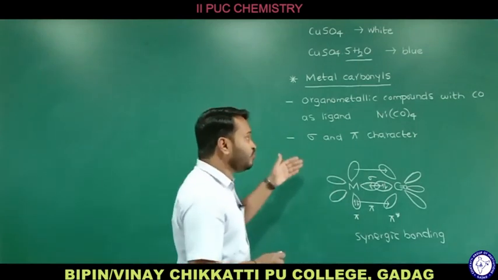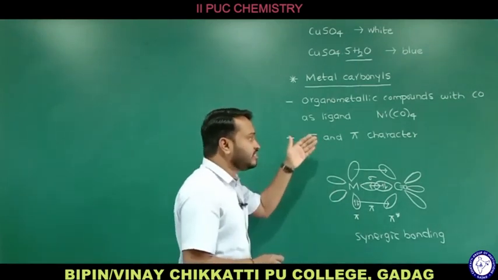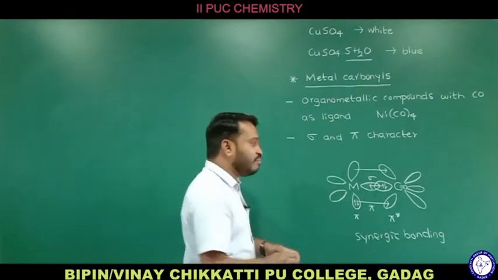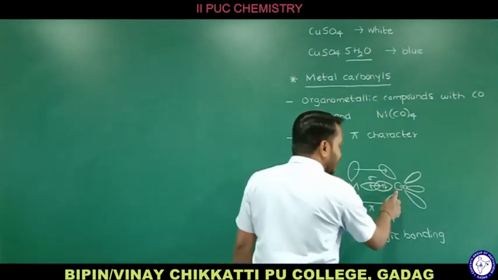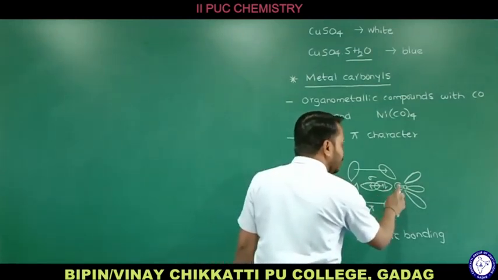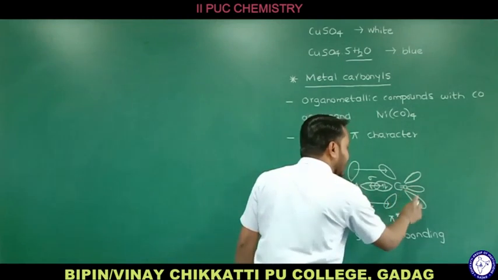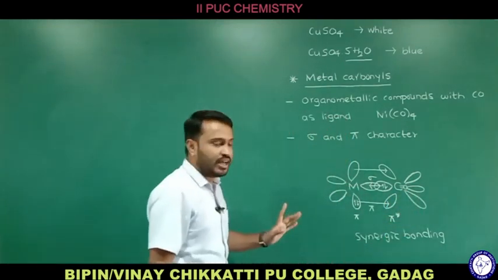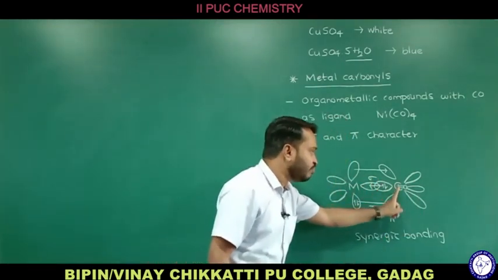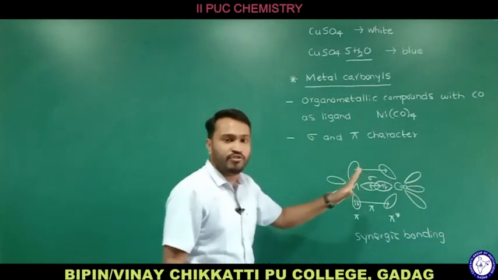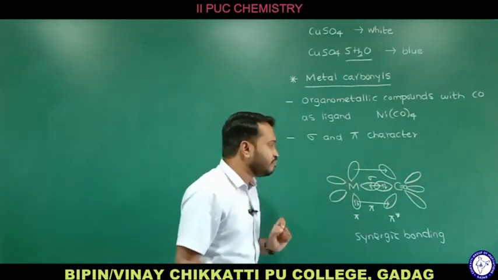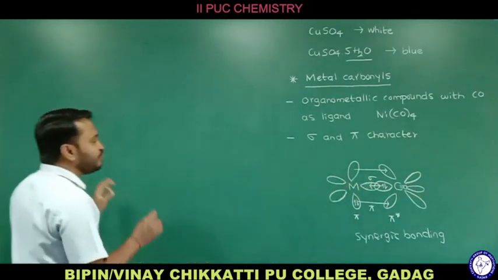And in the bonding, we have sigma characteristics as well as pi characteristics. Remember, the carbon I have written is triple bonded with oxygen, and it has the 3 atomic orbitals. I mentioned carbon only, but in general it is carbon triple bond oxygen in the diagrammatic representation. Now we'll see one particular example.